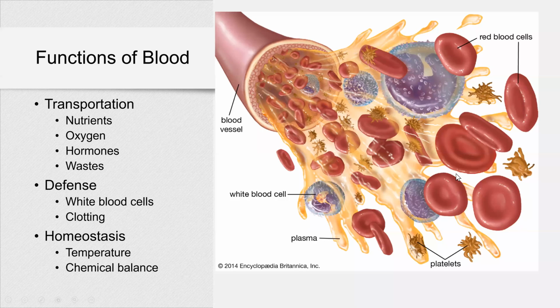Let's start with functions of blood. The first function listed here is transportation. Your blood will transport nutrients, oxygen, hormones, and waste products.